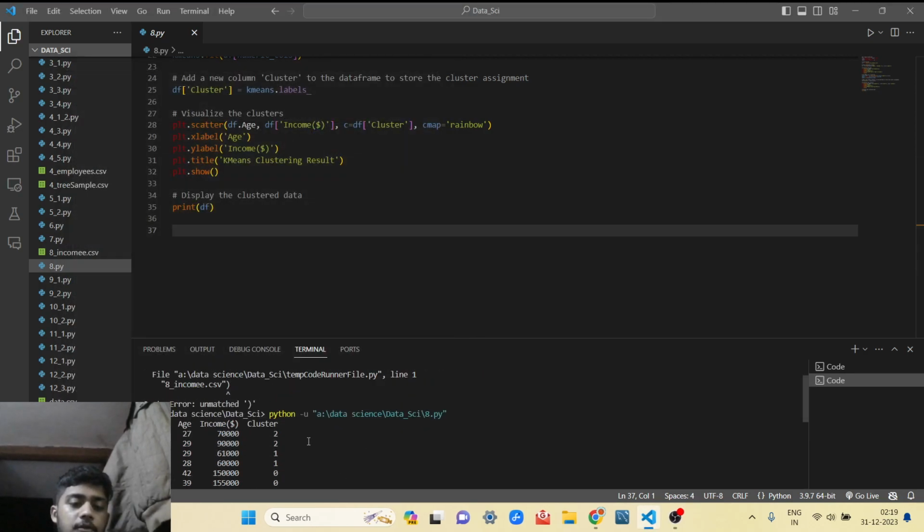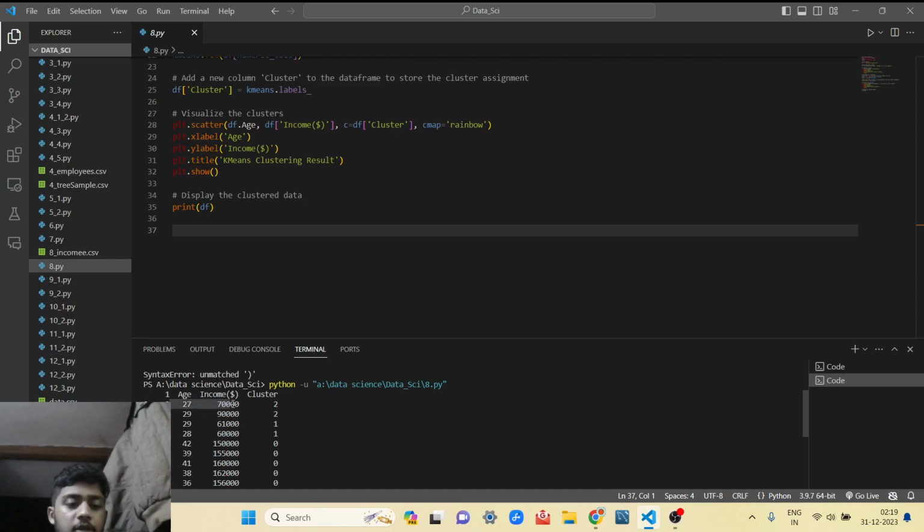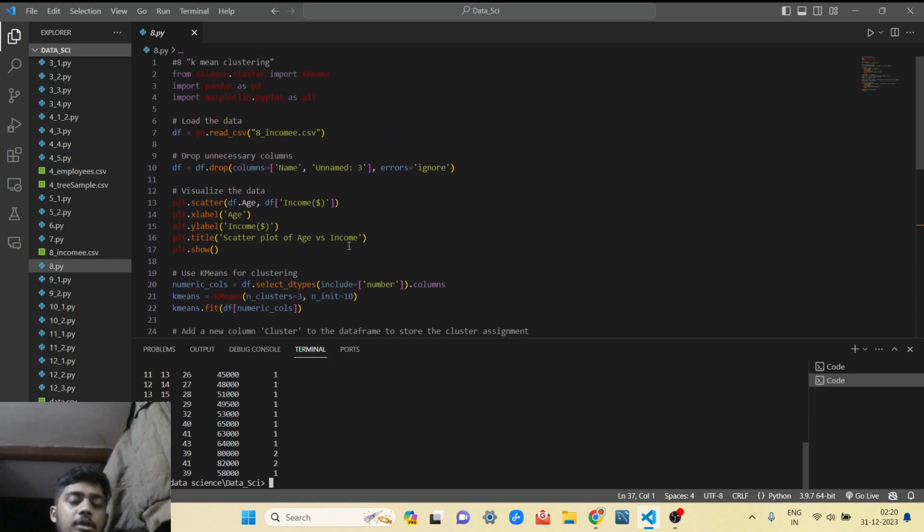The final results are like this: age 27, income 70,000 was in the second cluster, then this is also in the second cluster, some are in the first cluster, some in the zero cluster. Basically we have created three clusters here. In this way, clustering has been understood by us through this Python program.